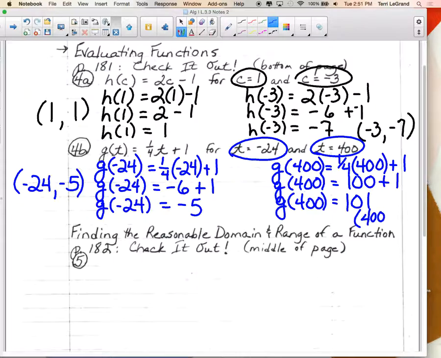And 101. Ordered pair 400, 101. Input 400, output 101. Okay, so evaluating functions. Any questions?